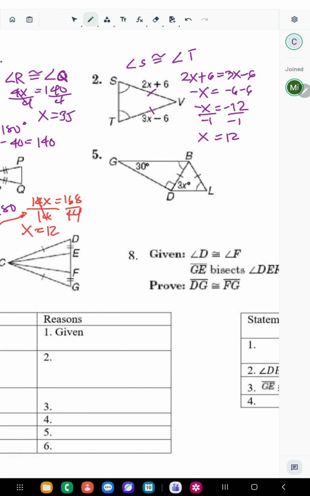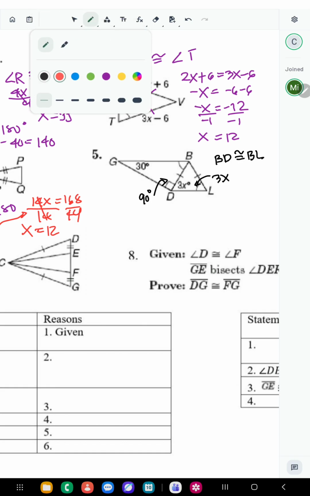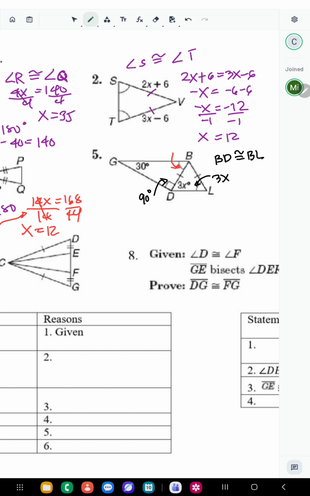Okay, it's indicated here that this side is congruent to this. BD is congruent to BL. So that means this angle here is also 3x. But it says this one is 90. This one is 90, right? So that means this angle here is 180 minus 90 minus 30.